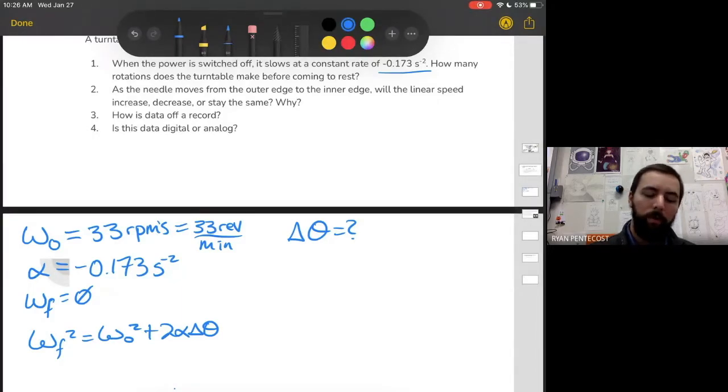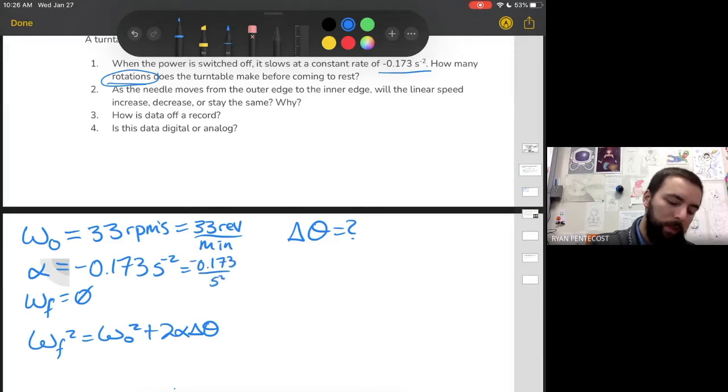We've got revolutions per minute, and then we have seconds to the negative second power on acceleration, which means we're going to have to convert one of these. Now, it does ask for rotations, so we need to keep the revolutions as a unit. So we need to convert that acceleration. So let's say that is 0.173 divided by seconds squared.